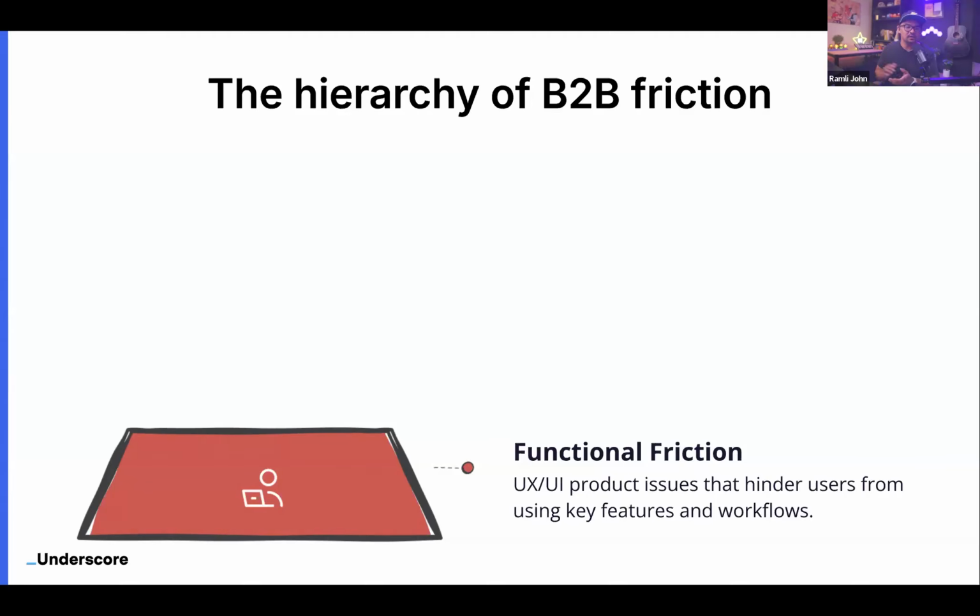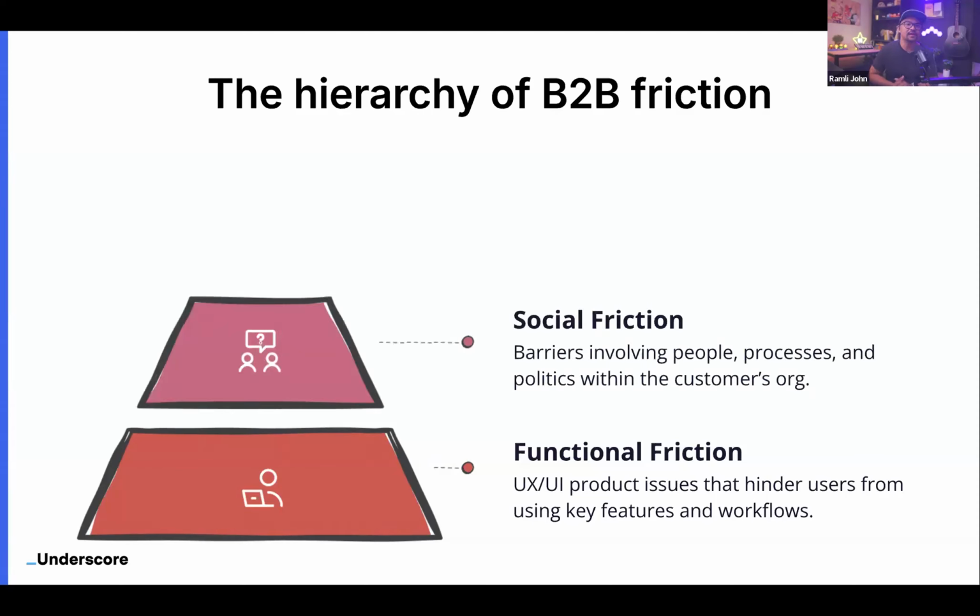It is human resistance, and human resistance comes in two flavors. The first one is around social friction. This is the idea that when you're trying to introduce a product to an organization, there are social structures and processes, and maybe there's red tape, and maybe there's politics within your customer's organization that you need to help them get buy-in.